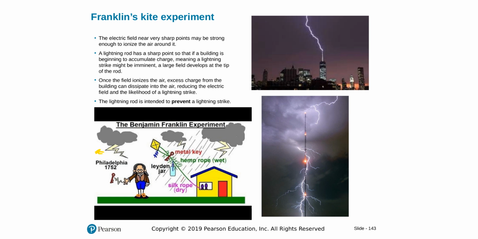And he tested that by flying a kite during a storm, putting a conducting key here, and accumulating charge in a Leyden jar, which was kind of like a parallel plate capacitor. And he proved this way that lightning has electricity. Now we know that, but we didn't know it back then.